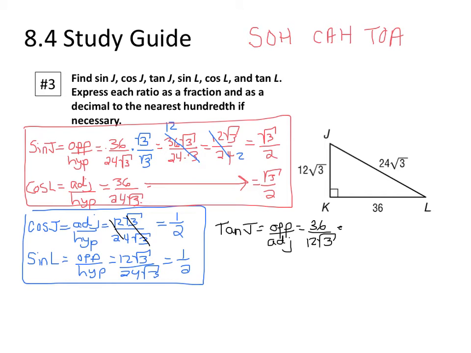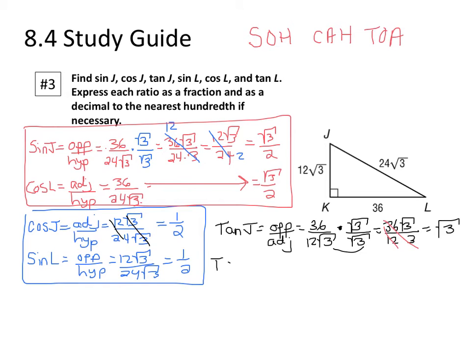And we've got to rationalize that denominator, so I'm going to multiply the top and the bottom by square root of 3, and I get 36 square roots of 3 in the numerator, and I have 12 times 3 here in the denominator. So you can see that tangent of j simplifies to the square root of 3, as these will reduce out to 1.